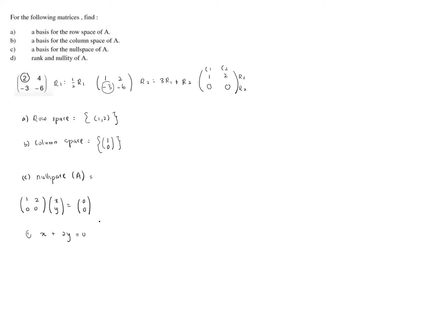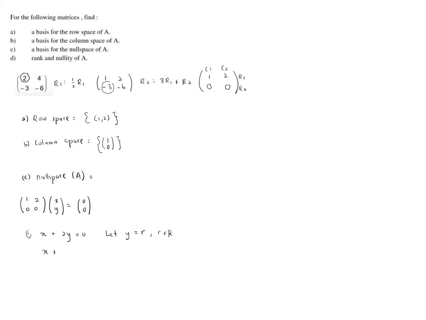Therefore kat sini kita kena guna huruf lain. Okay, let y equal r, and r is a real number. Okay, tak semestinya r, you can use s, you can use t, you can use p, q, any variable that is suitable lah. Okay, y equal r and r is real number.